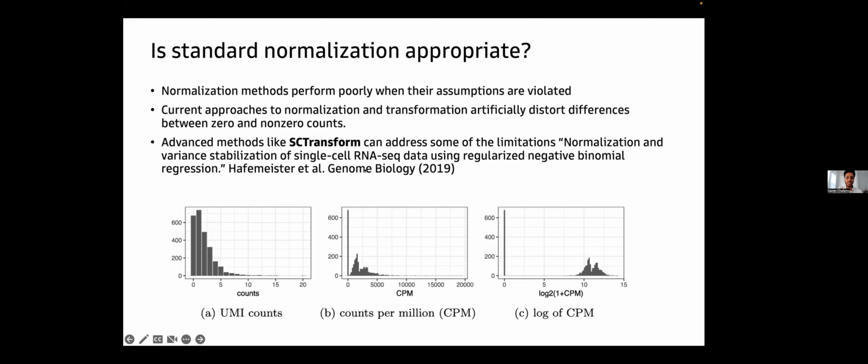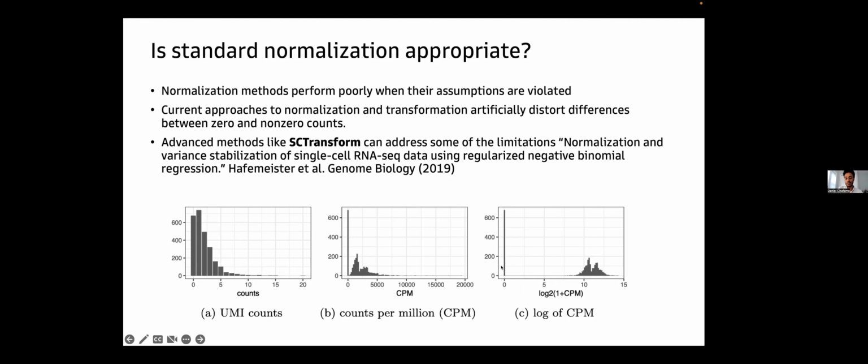We don't need to get into this more deeply, but there are some caveats in how we do normalization. CPM or log CPM that I just described to you has this problem of 0 counts being distorted. So like the difference between 0 and here 1 is they're very close in the raw reads, but in the log 1 plus CPM, it looks as if we have these 2 very distinct regions.